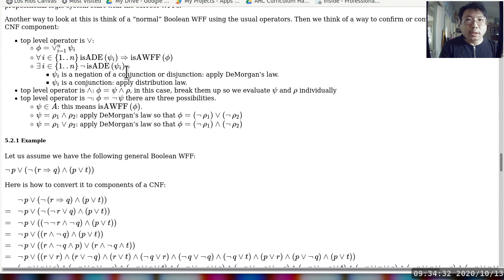The other possibility is psi I is a conjunction. Then we apply the distribution law. And I'm just thinking that there are some other possibilities. If it has conjunctions, then you apply distribution.